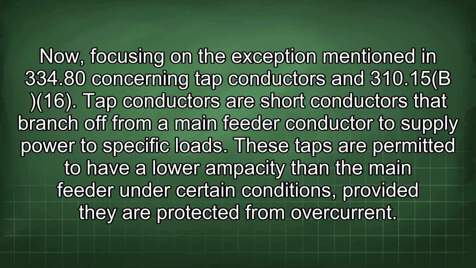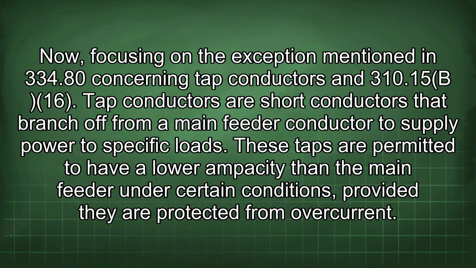Now, focusing on the exception mentioned in 334.80 concerning tap conductors and 310.15(B)(16). Tap conductors are short conductors that branch off from a main feeder conductor to supply power to specific loads.